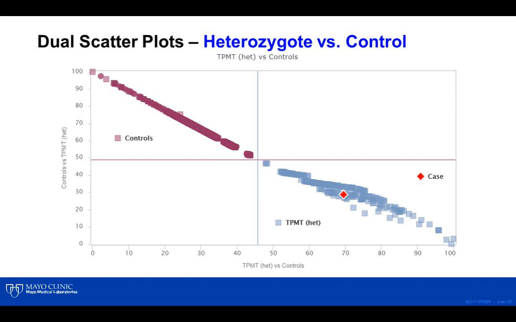But by far the most relevant scatter plot is the one designed around the critical need to segregate TPMT heterozygotes from controls. While the indeterminate quadrant appears empty based on confirmed cases, this is a process that determines the reporting of a case as indeterminate when found through prospective testing of clinical samples.